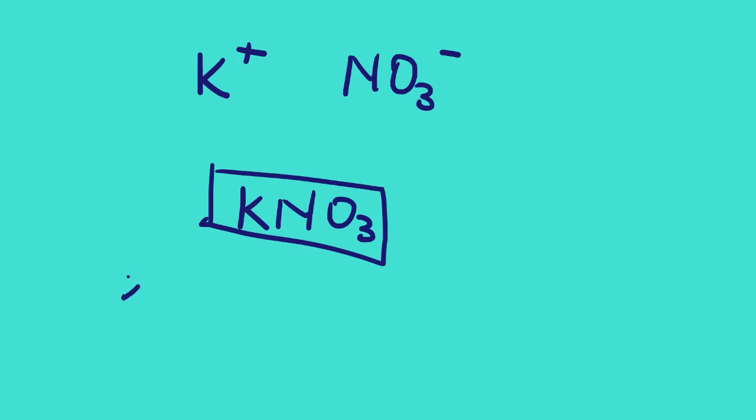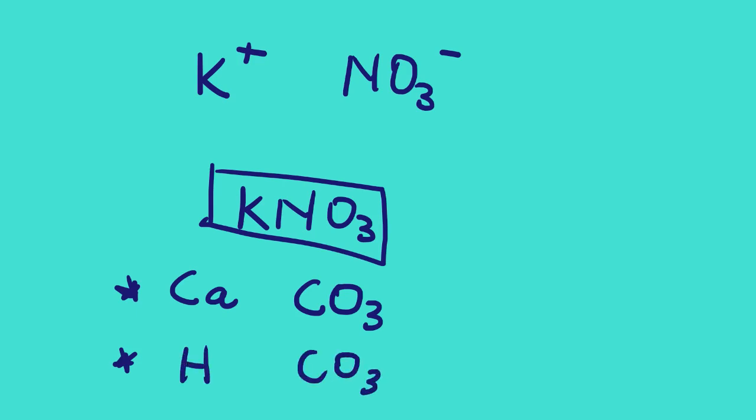For practice, work out the following examples: calcium and carbonate. I'm not going to write the charges, you figure the charges out and work out the molecular formula. Hydrogen and carbonate. This will form calcium carbonate, this will form carbonic acid.